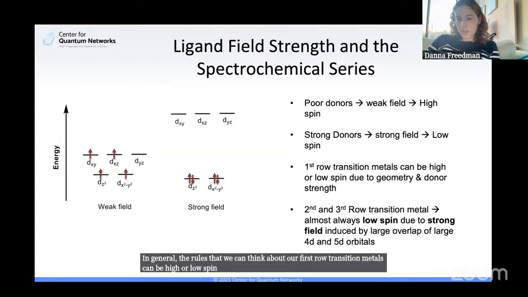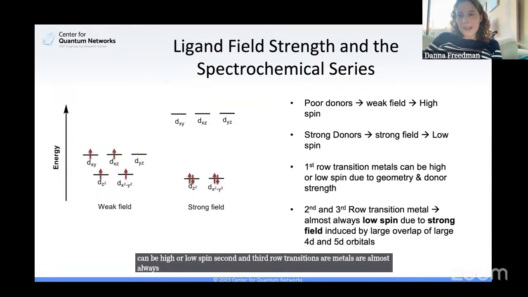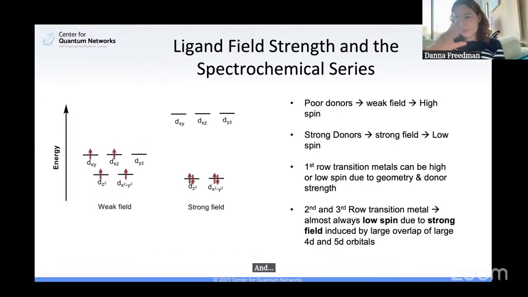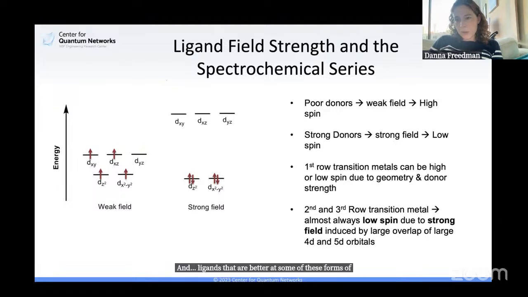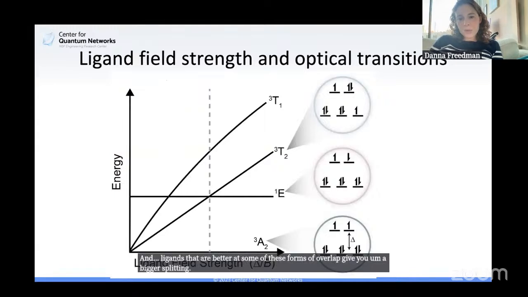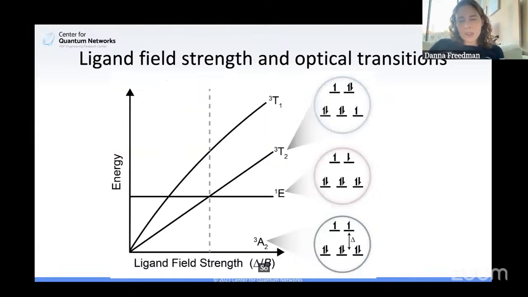Second and third row transition metals are almost always low spin, and ligands that are better at some of these forms of overlap give you a bigger splitting. So what does that get you?